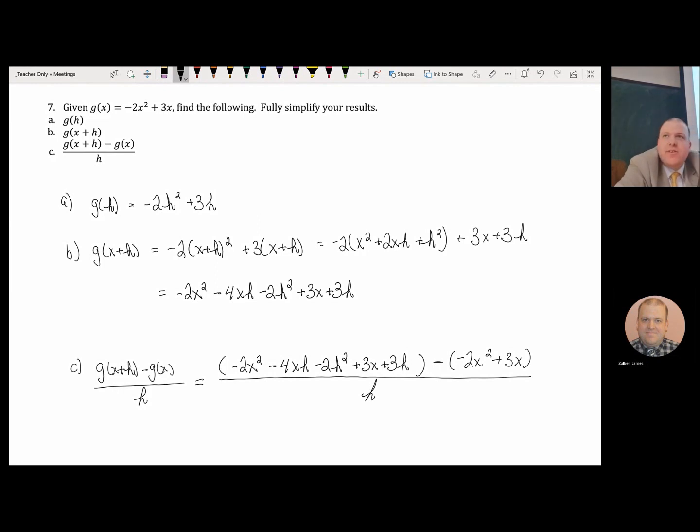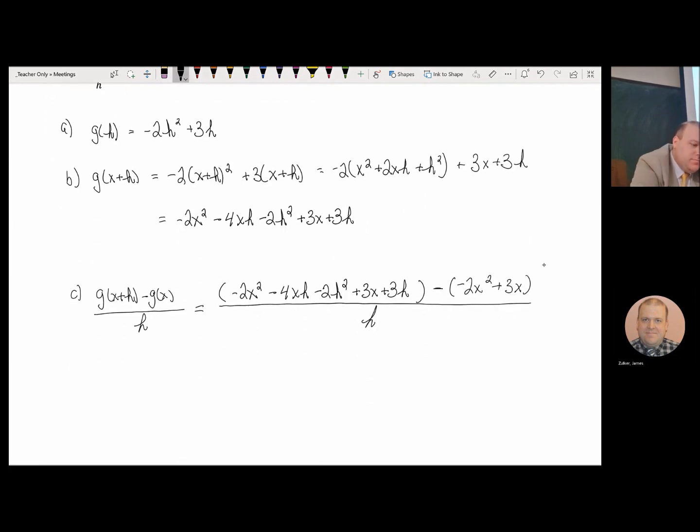So this was just step one, right? Just put in what g of x plus h is, put in what g of x is. Now we're going to have to simplify it. Be very careful. A very common mistake that I see, and again, this is not just in this course, I even see my Calc 3 and differential equations students make it, is they do not write the parentheses.